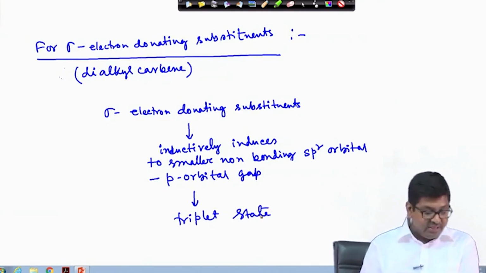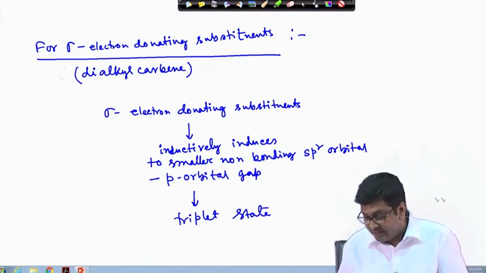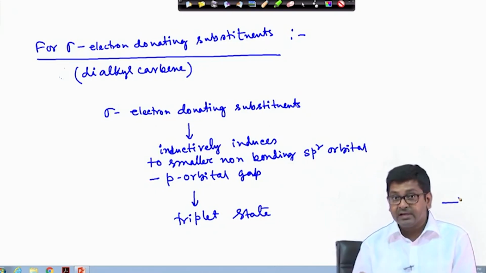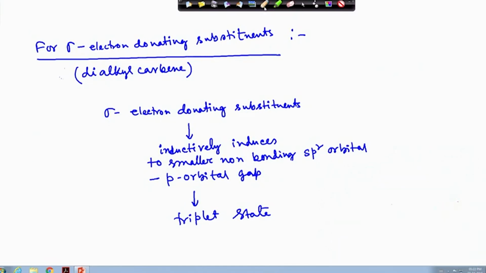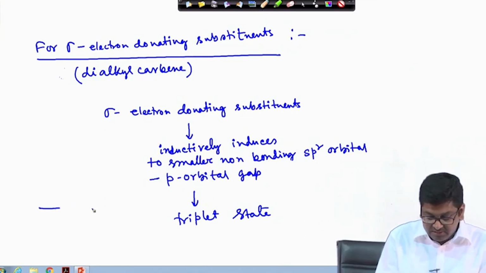Okay. If you remember, in my last class I showed how this can be shown in an electronic configuration, like this.